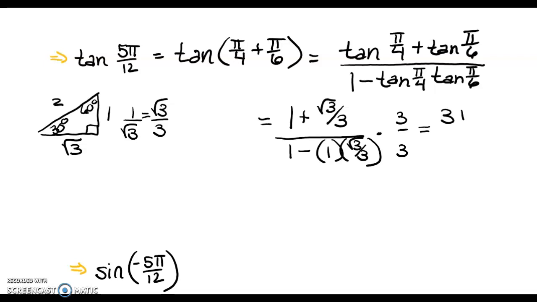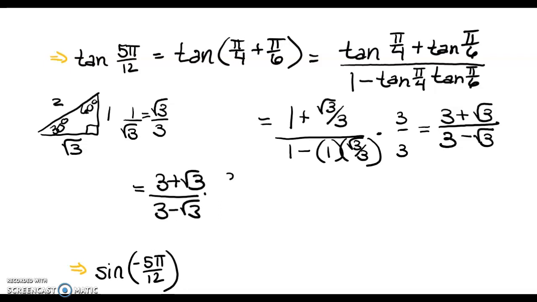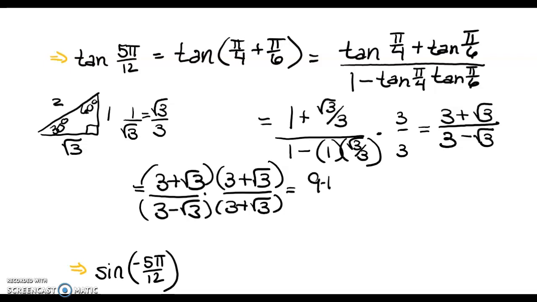So I get 3 plus radical 3 over 3 minus radical 3. So now let's multiply by the conjugate. So that's going to be 3 plus radical 3 over 3 plus radical 3. So we get 9 plus 6 radical 3 plus 3 over 9 minus 3.